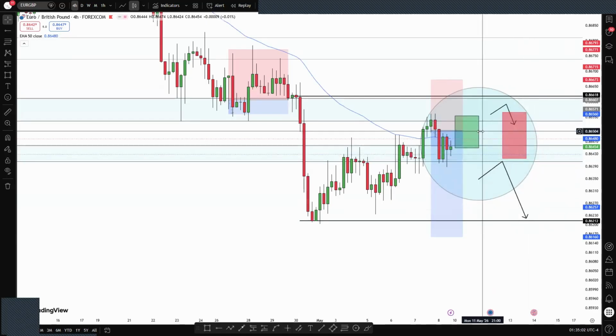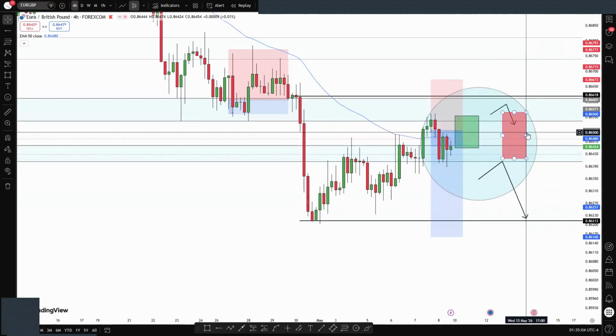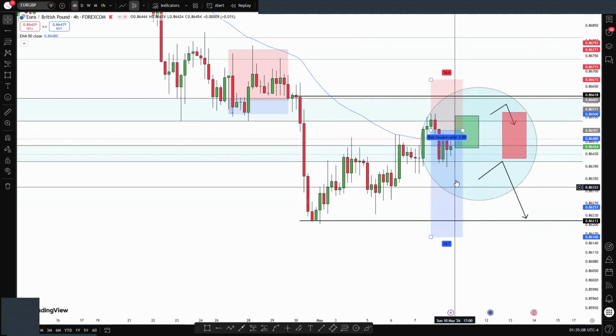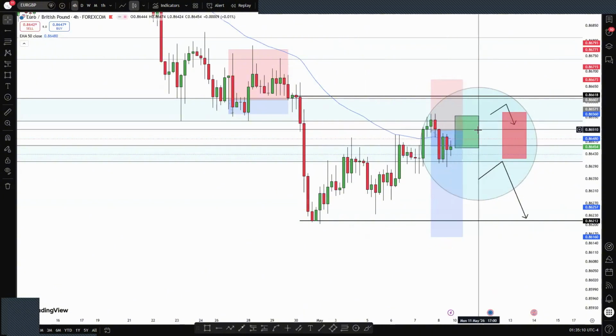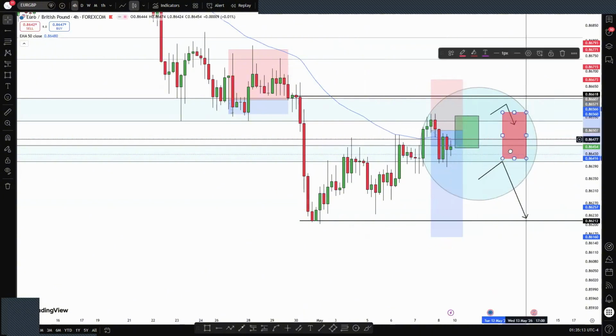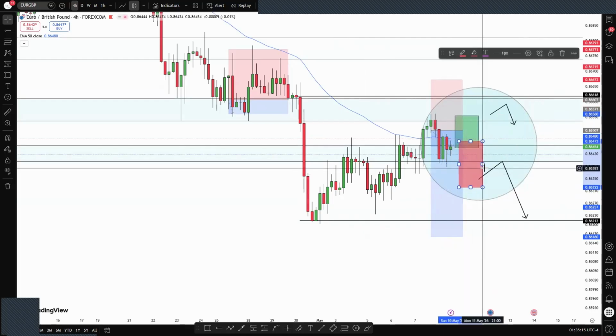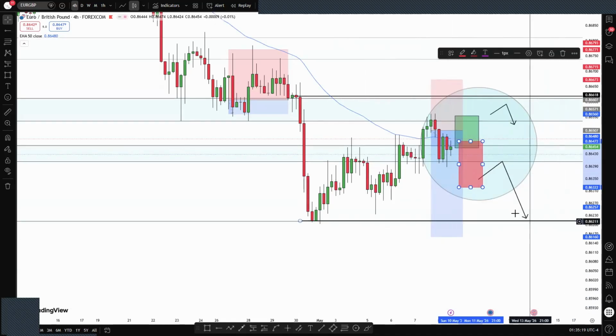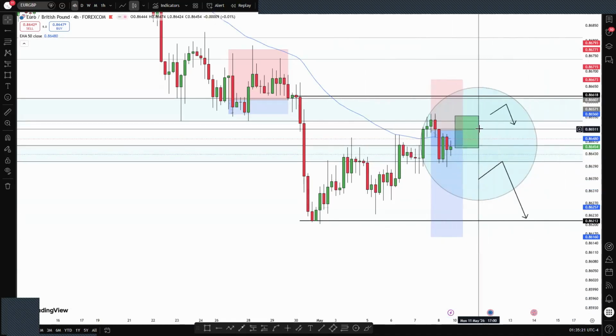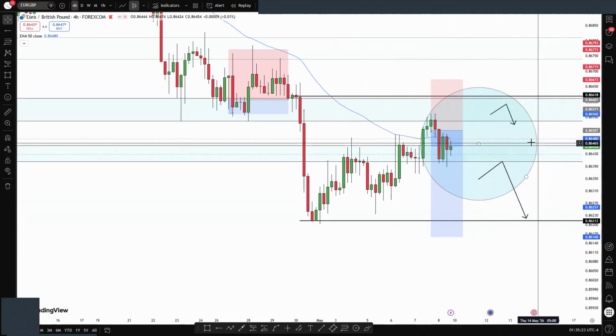So as I was telling you, I expect Monday, which is tomorrow, to have a break, either a retest at this level or an engulfing candle below this line. Then I'll wait for the retest on Tuesday and sell. That's how we do it, guys.